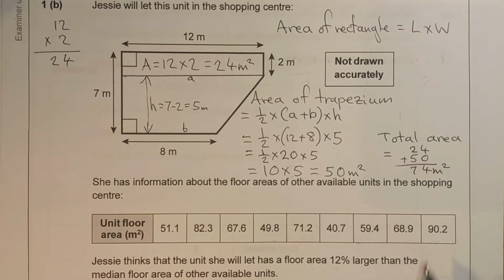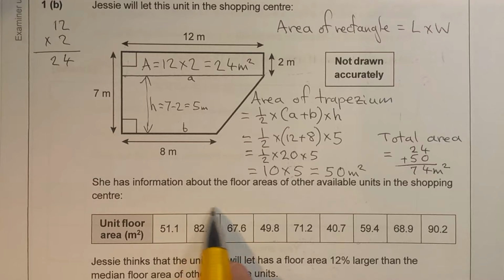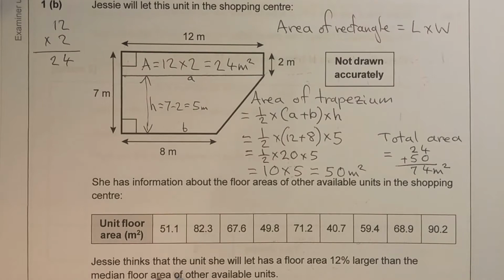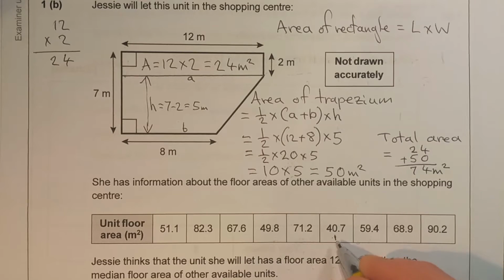Okay, right, so we've got our area. Now we've got to compare it to, what was it, the median floor area of the other available units. So if we want the median, we want to know what the middle value is. So really we need to rank them in order. So what's the smallest value we've got? Anything small? 40, so that's the smallest.